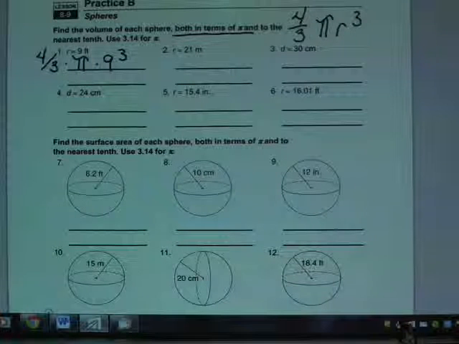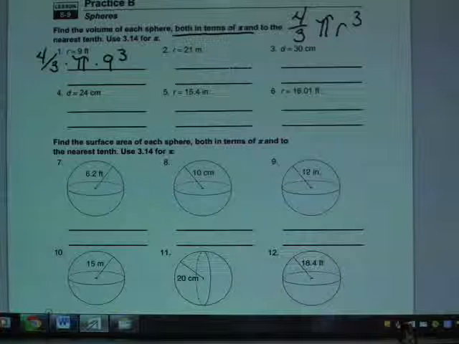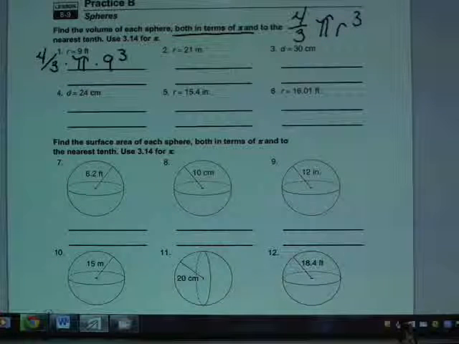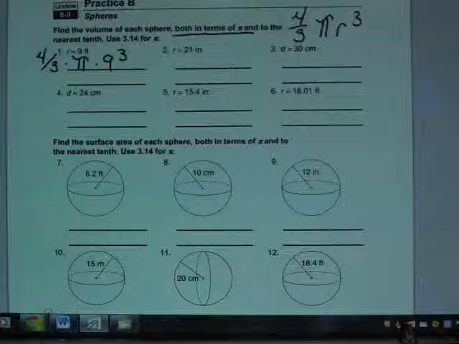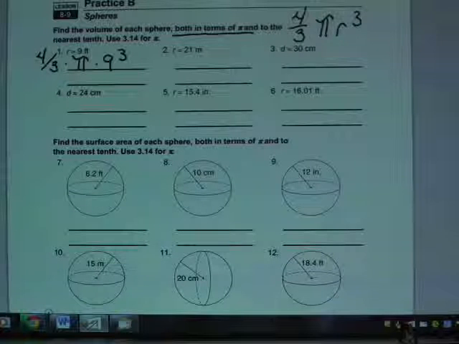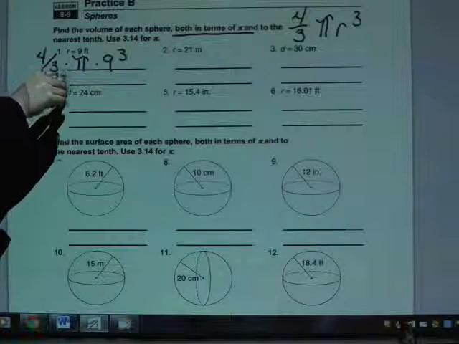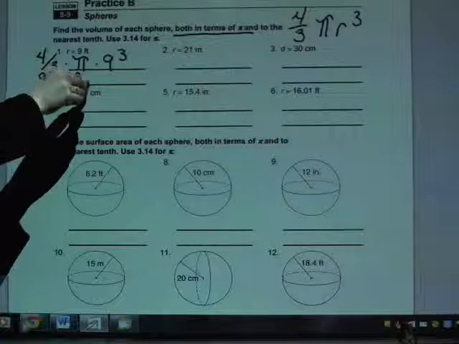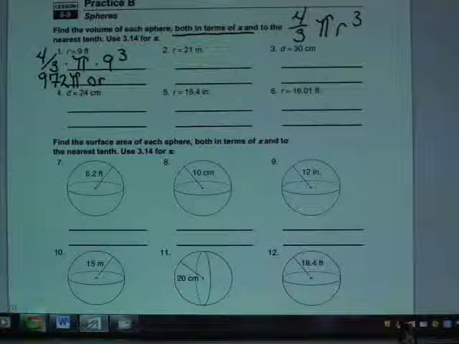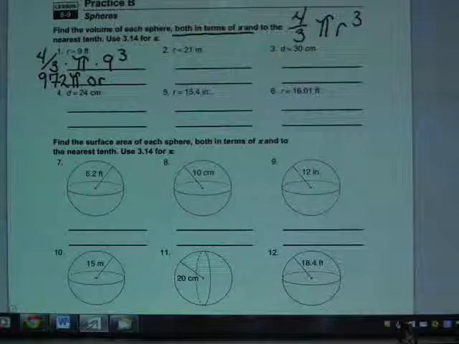So I'm going to multiply that by the 4/3, and the way you can do that on the calculator if you're stuck is you multiply by 4 and get an answer, and then divide by 3, and that's 972. So 972 pi. 972 times pi, first answer. And then you're going to take pi and change it to 3.14.